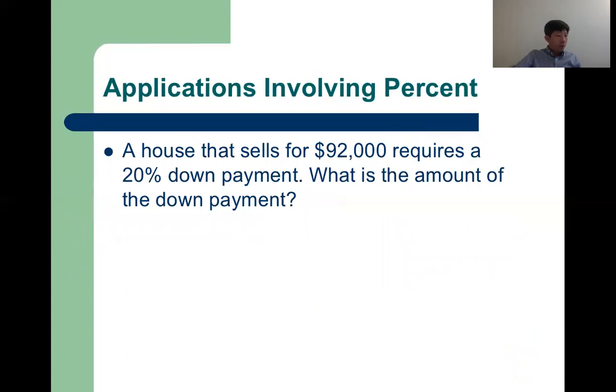Now here is a word problem. Let's go over the word problem. A house that sells for 92,000 requires a 20% down payment. What is the amount of the down payment? So, 20% down payment of 92,000.